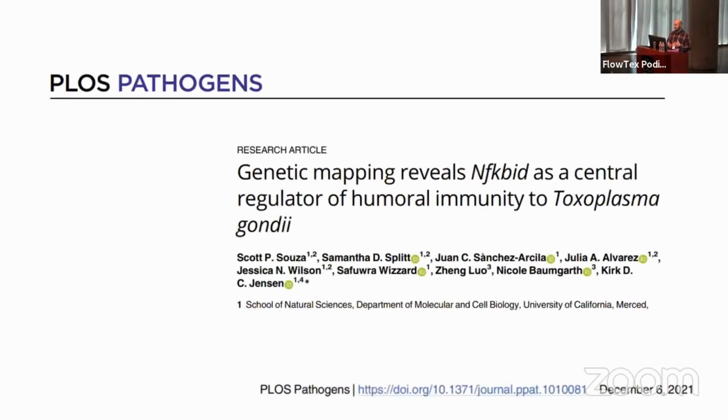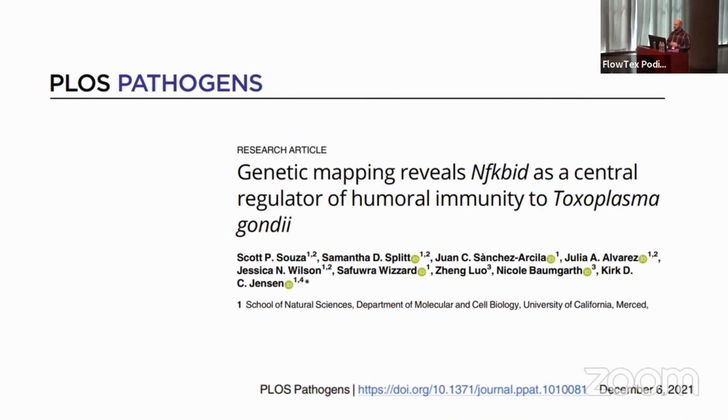This is obviously a big time sink, to try and handle individuals' data and work with them directly. But I had the luxury of doing it with this one group at my institution who were looking at Toxoplasma gondii infection. They were doing a B6 mouse versus a mouse that was null for a particular NF-kappa B family member, NF-kappa B ID.